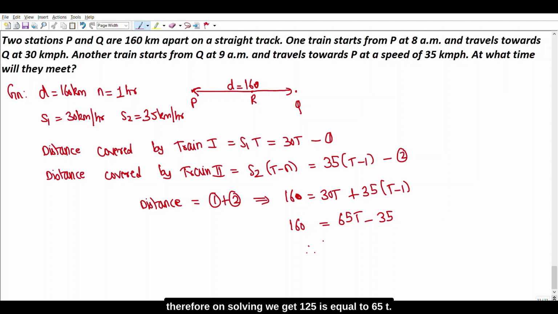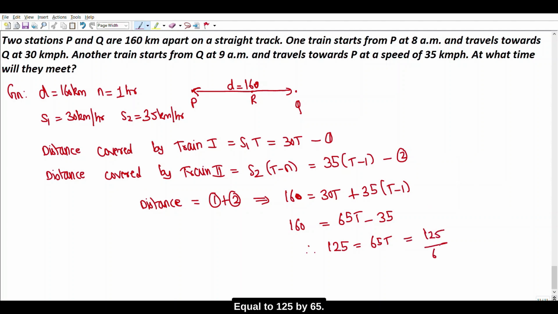Therefore, on solving we get 125 is equal to 65t, t equal to 125 by 65.